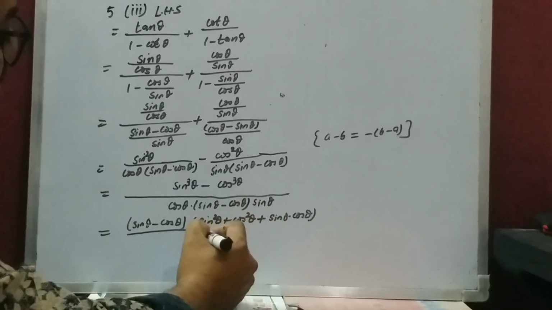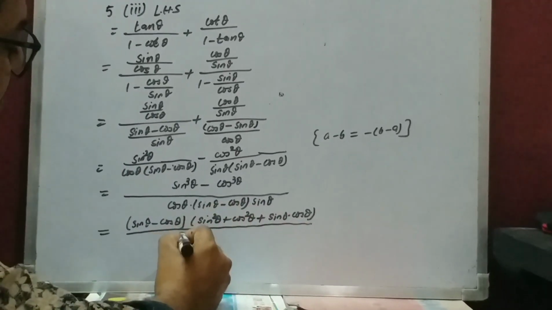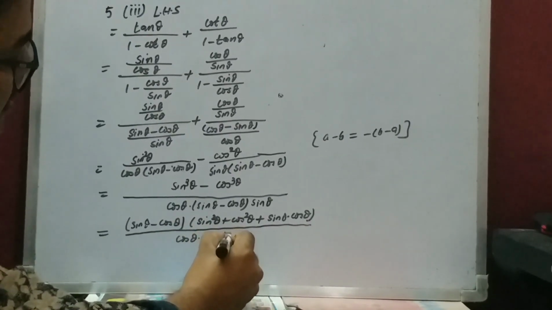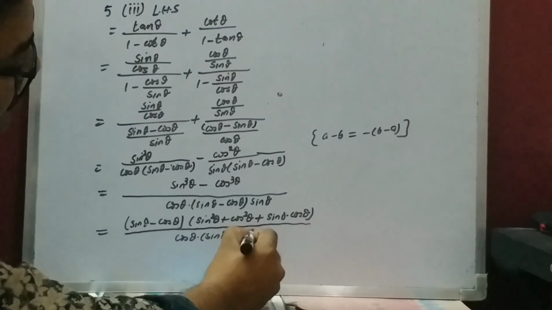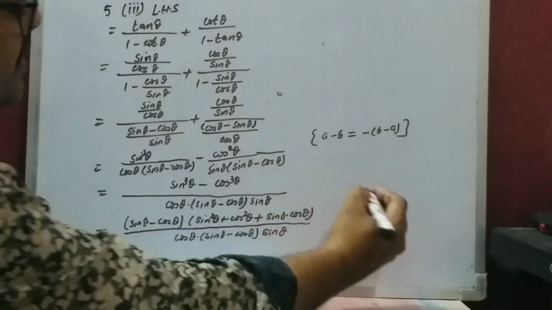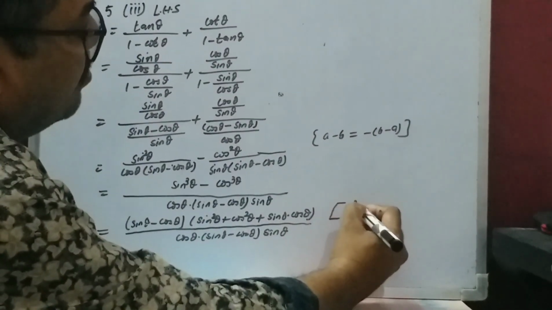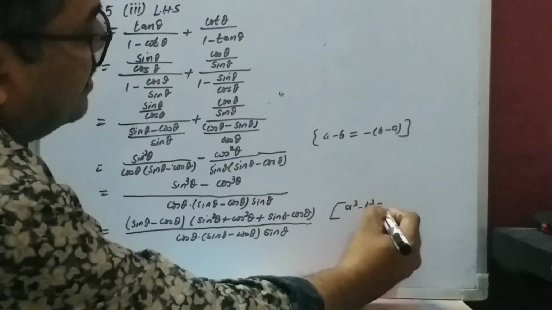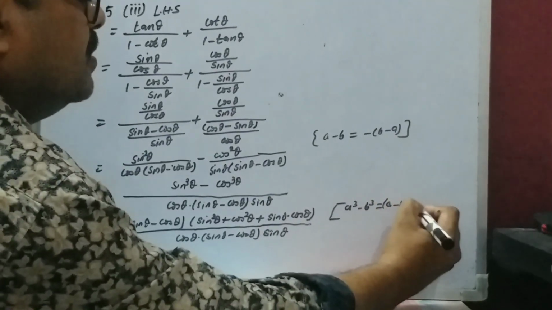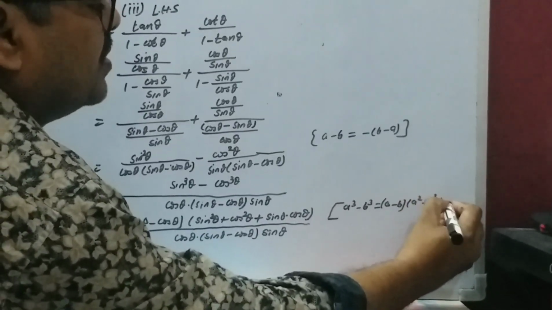And now write the denominator, cos theta into sin theta minus cos theta into sin theta. And here a cube minus b cube, you know, is a minus b into a square plus b square plus ab.